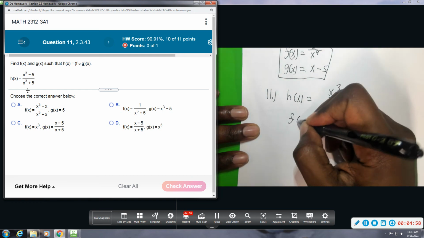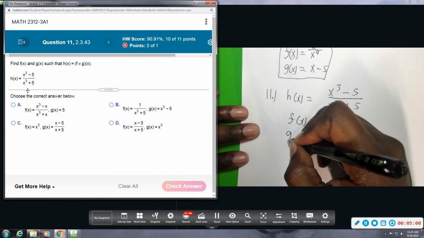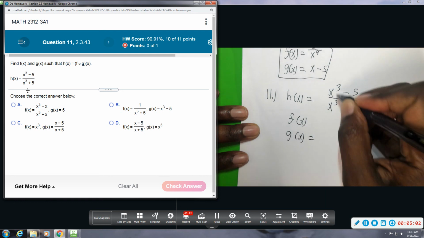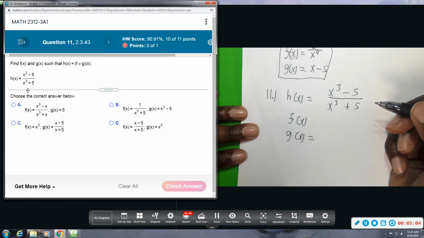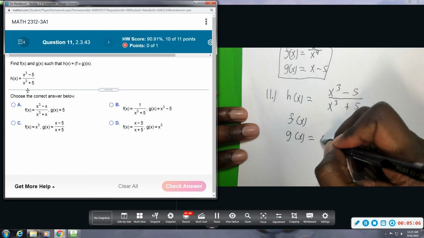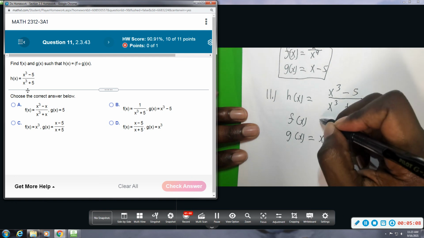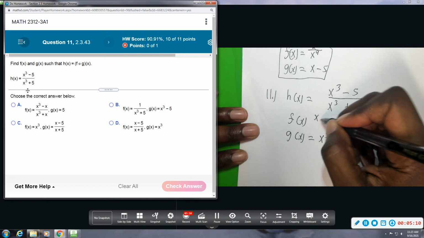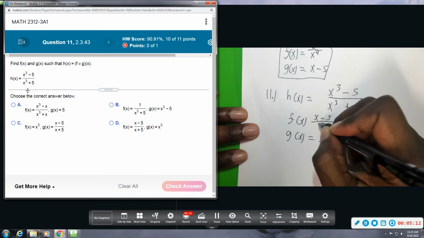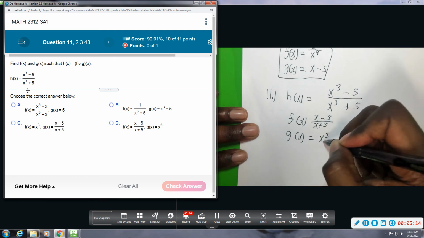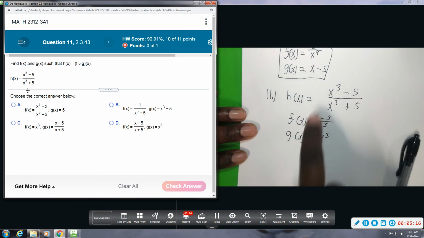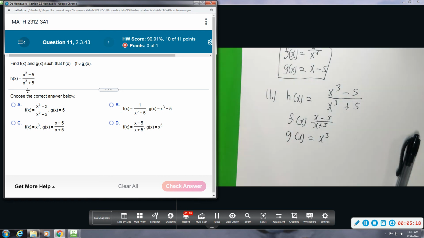g of x. So if I do f of x, g of x, I would call g of x just x cubed. And then I would call f of x, x minus 5 over x plus 5. So I just replace the x's with an x cubed, and then I get those two scenarios.